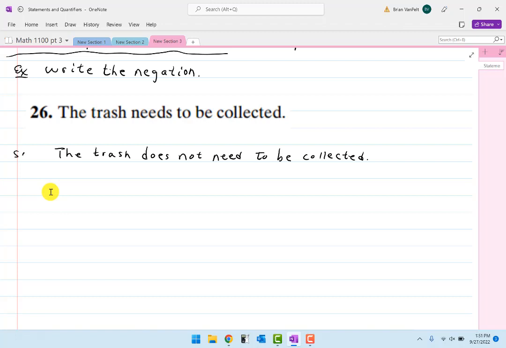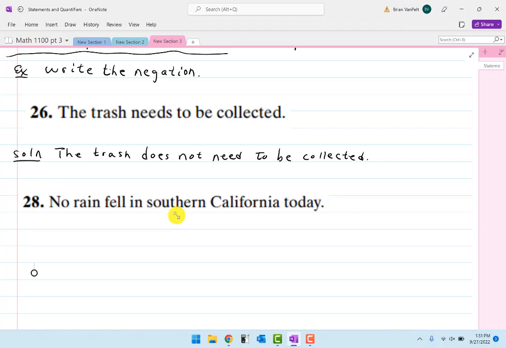Or maybe I'll call it solution. No rain fell in Southern California today. We simply would write rain fell in Southern California today.